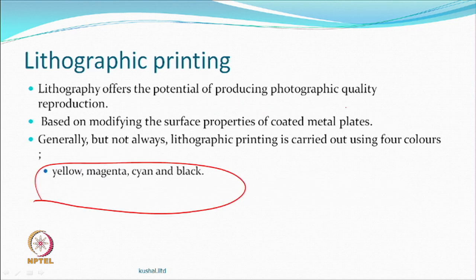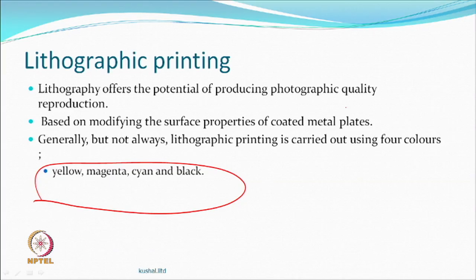The more interesting part is they can produce photographic quality printing. Letter printing could not do it, and it is very difficult for others. 4 roller, 5 roller printing machines will not be able to do it, but they could do it photographic.